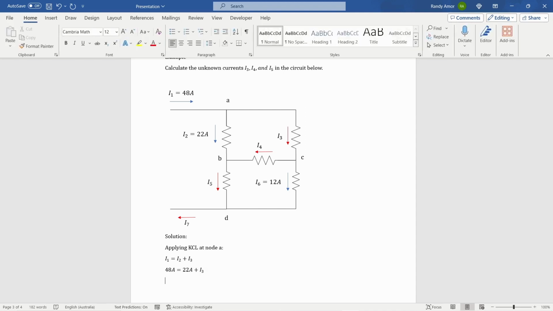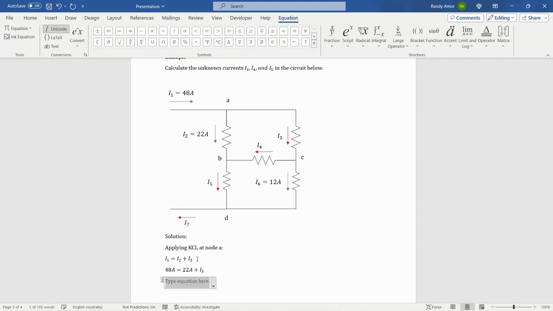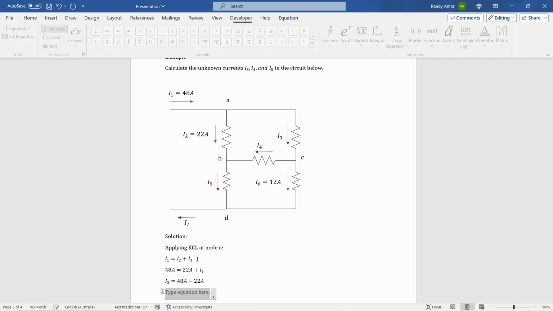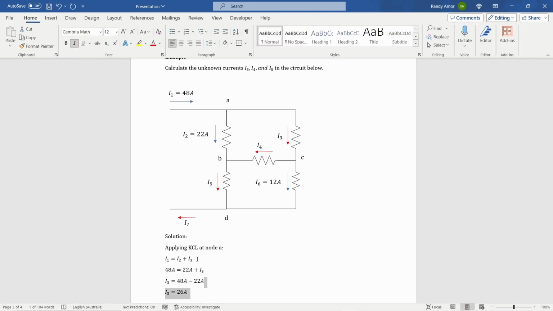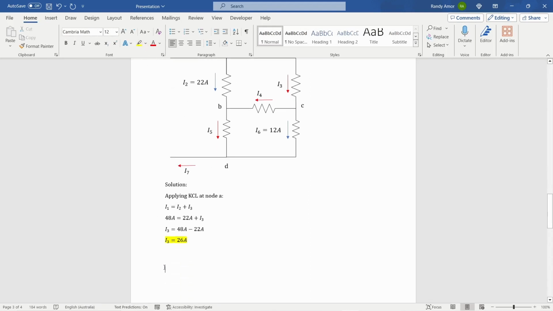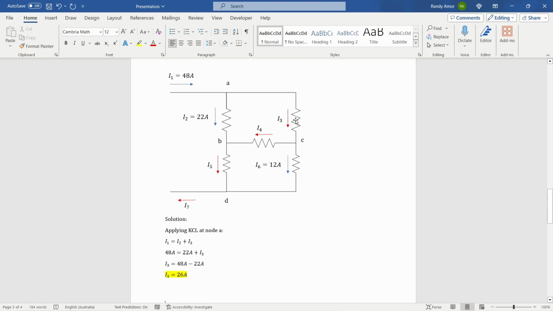Transposing 22 amperes to the other side, I3 will be equal to 48 amperes minus 22 amperes. I3 will be 26 amperes. So the value of I3 there is 26 amperes.